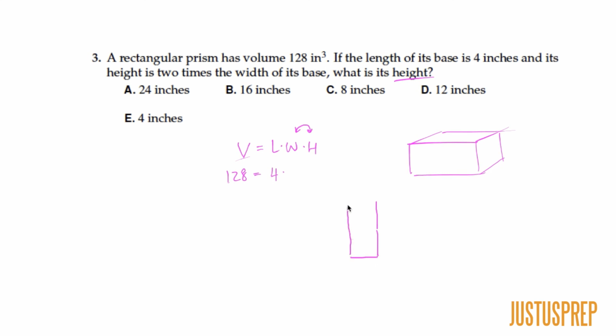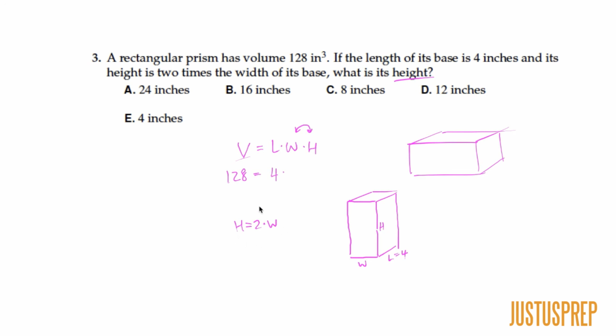So this is the rectangular prism and the length is here. So the length here is 4, and we have width and we have height. And height is 2 times the width.